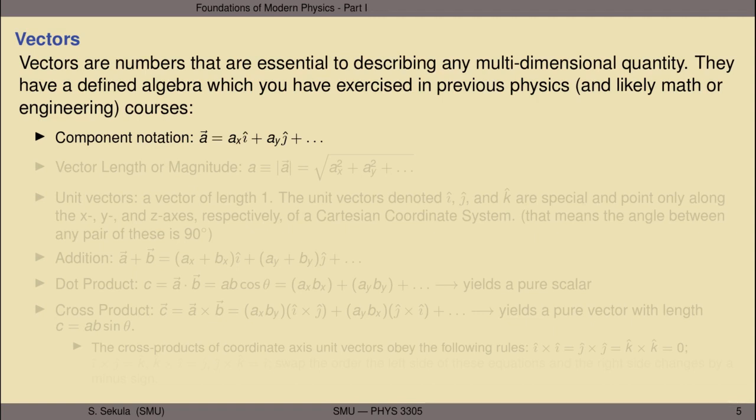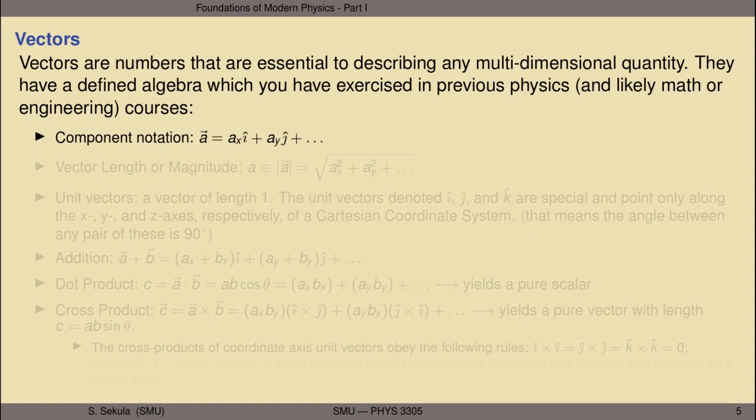Scalars, however, can be assembled using, for instance, component notation into a vector. So here, for instance, is demonstrated a vector denoted A with a little arrow over its head, and it's broken into components.